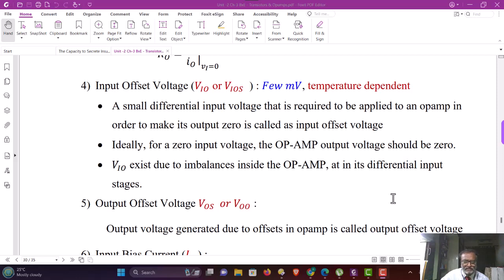But in practical op-amps, due to the mismatch in the implementation of internal devices, even though inputs are grounded, the output is not 0. This is called the output offset voltage, and it is because of the mismatch in the op-amp. So the input offset voltage can be defined as the amount of input voltage applied to make the output offset voltage 0.